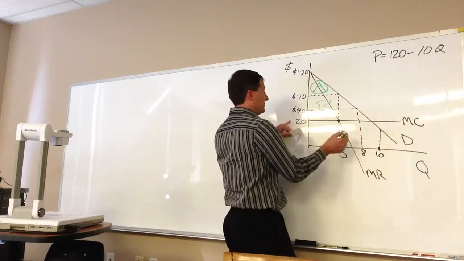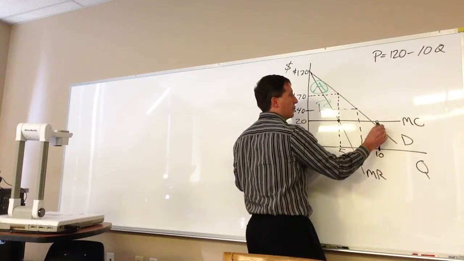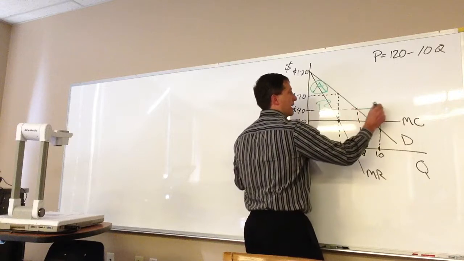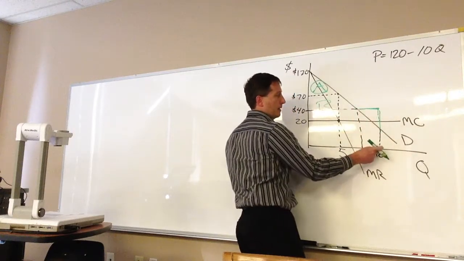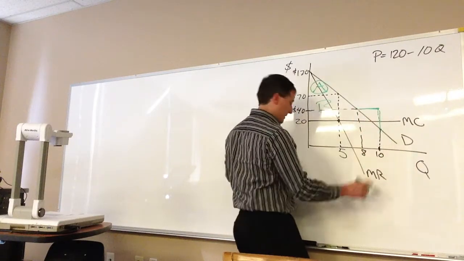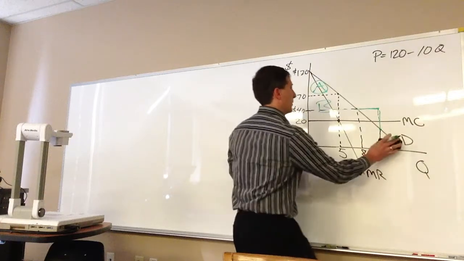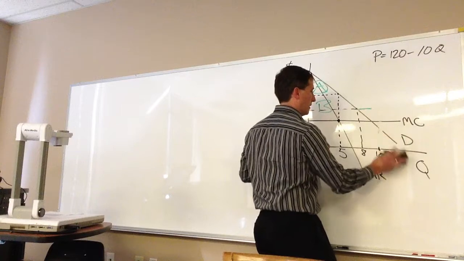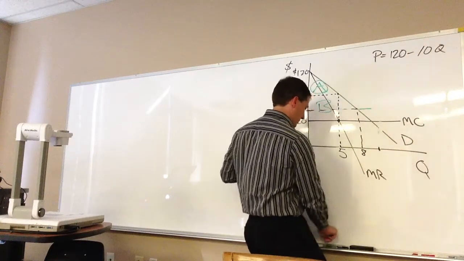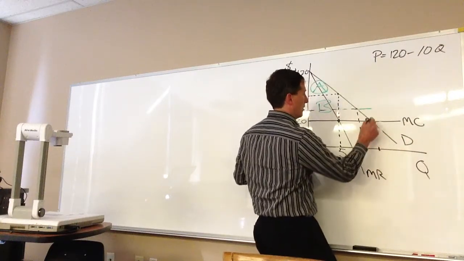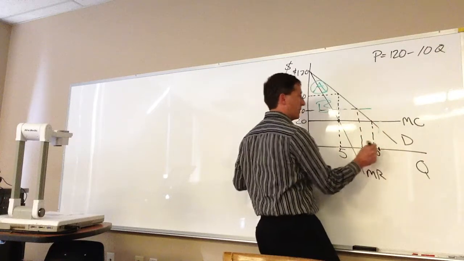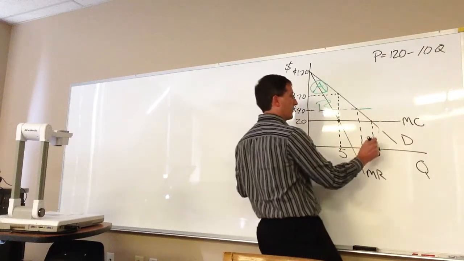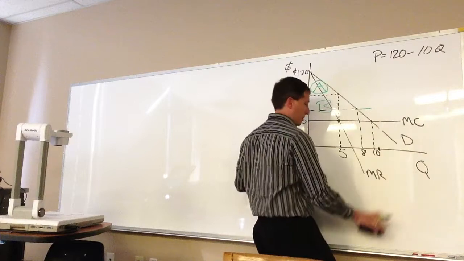So at 10, paying a price of 40, we've got some negative consumer surplus. They're only willing to, oops, let's see, I butchered this a little bit. This is at 20. This is at 10. Those of you who drew this a little more carefully, this should all work out.